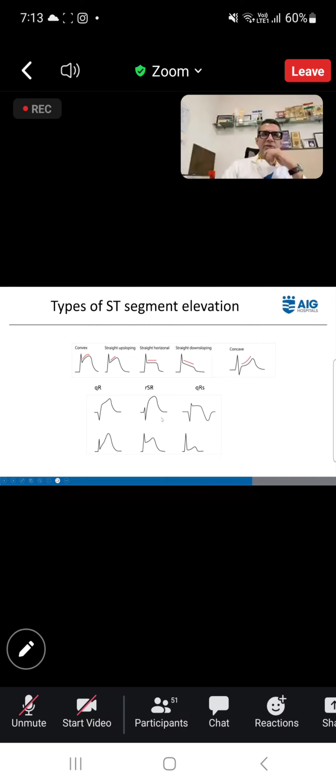Now you might be thinking why this guy is spending so much time trying to tell us about QR and ST elevation. ST elevation is ST elevation, it doesn't matter. So one of the reasons why we are spending so much time trying to explain this is that many a time this type of ST elevation can be mistaken for a broad QRS complex. So people might think it is just a broad QRS complex when it is actually ST elevation.